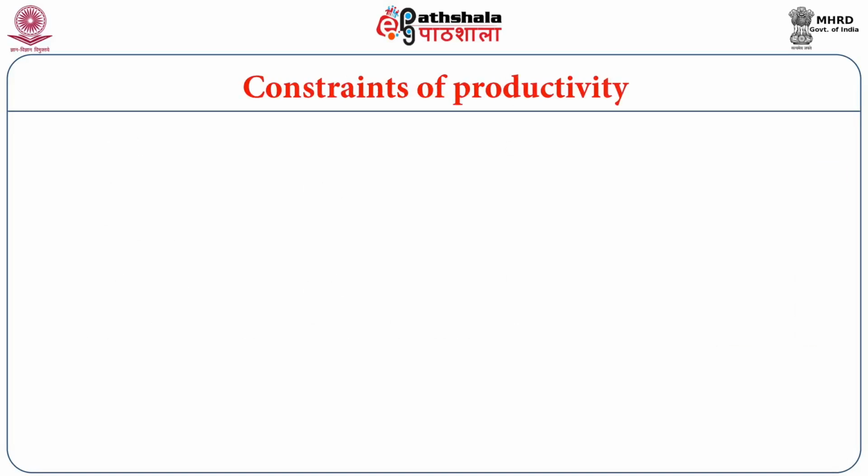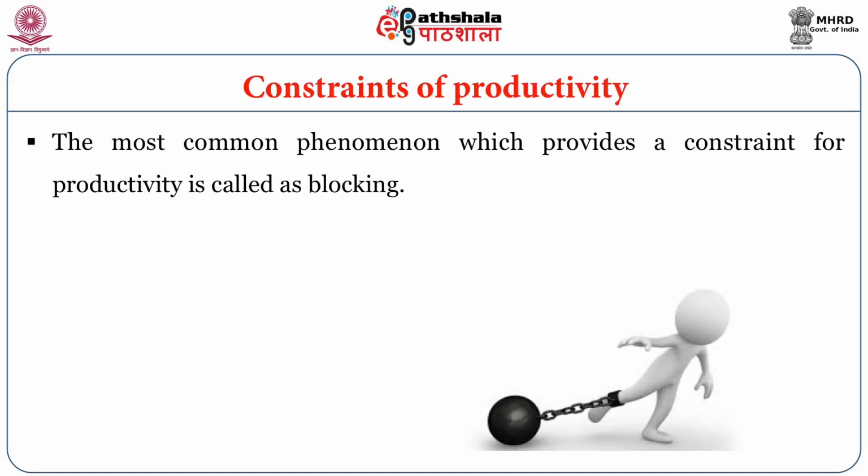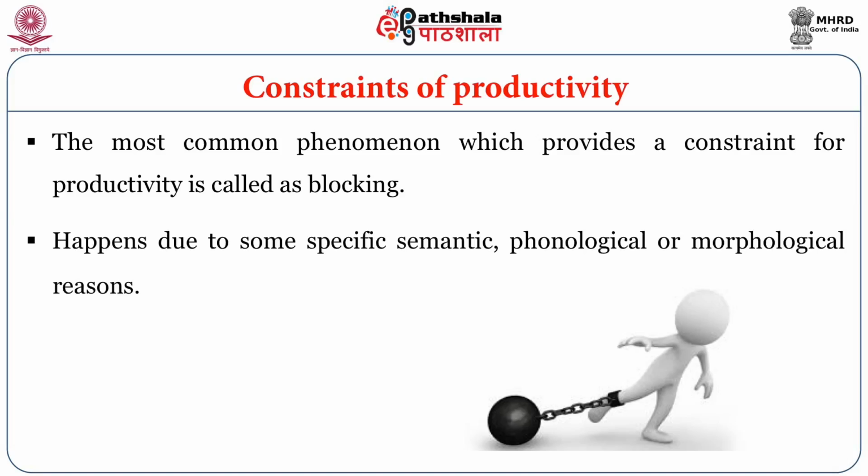There are certain constraints of productivity. The most common phenomenon which provides a constraint for productivity is called blocking. It happens due to some specific semantic, phonological or morphological reasons, like blacken, black plus en, blacken.